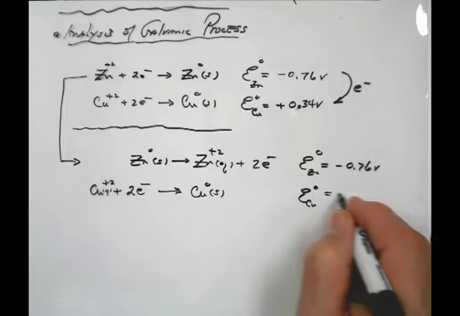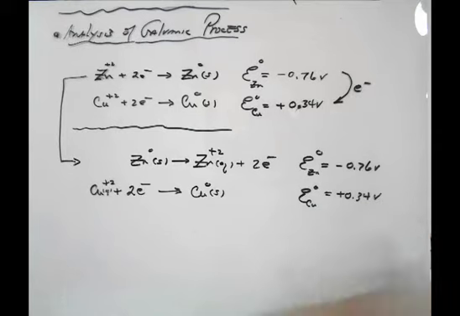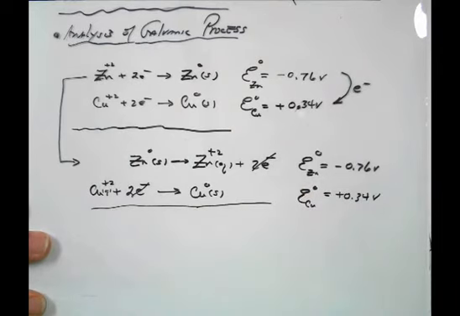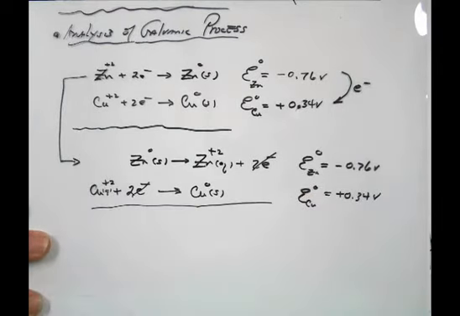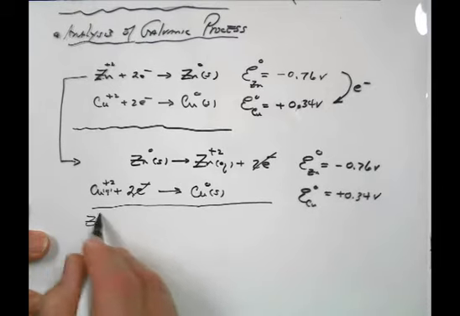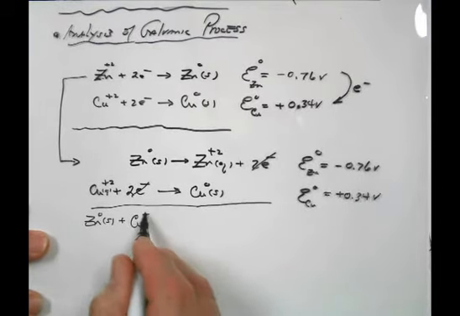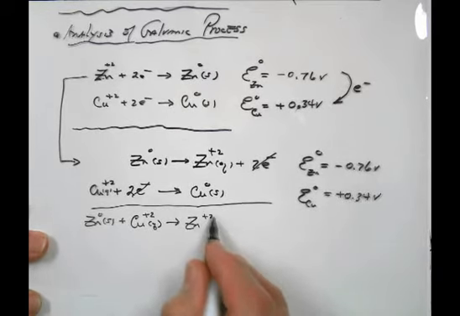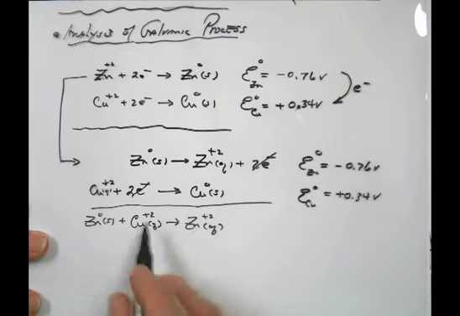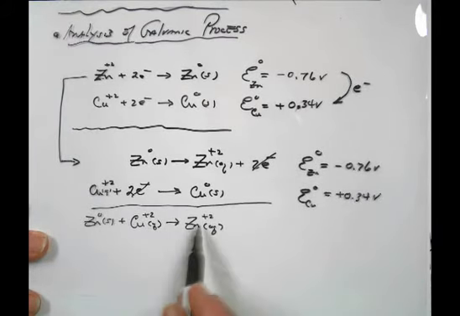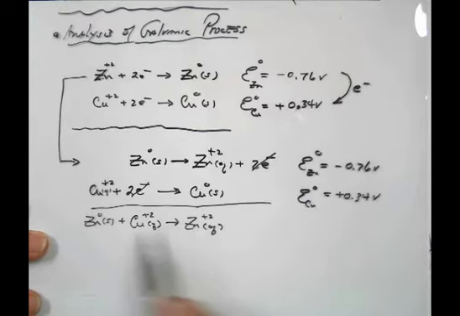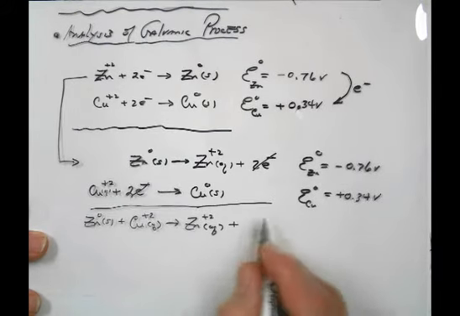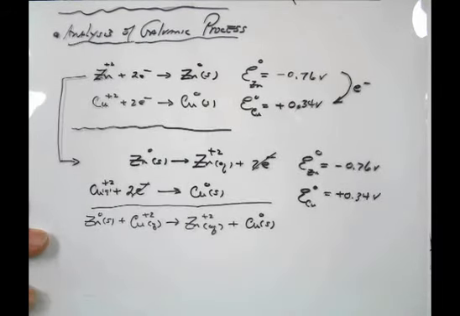But anyway, plus 0.34 volts. And so adding these together, as we've shown you originally, gives you the net cell reaction. Zinc plus copper ion goes to zinc ions plus copper. One of the conventions here is that when you write a reaction like this, put the ions close together, like that, and the reduced forms on the perimeters, or the outside, as shown here.